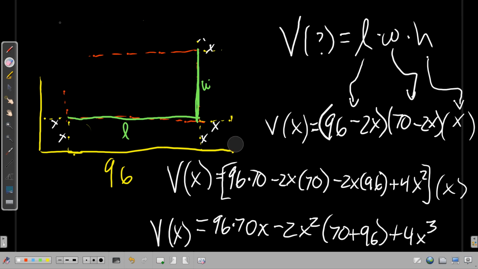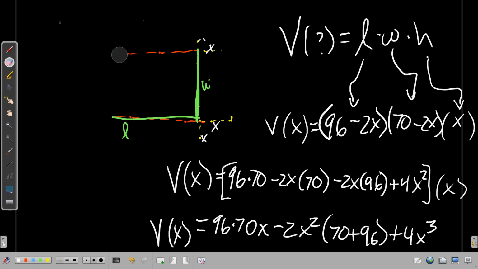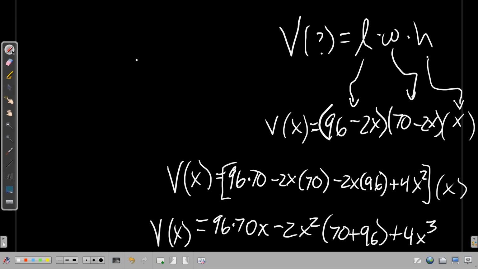Now I need V prime in order to find my local maximum.